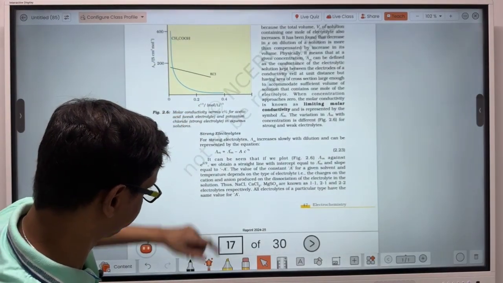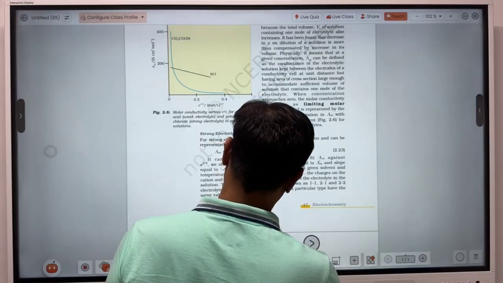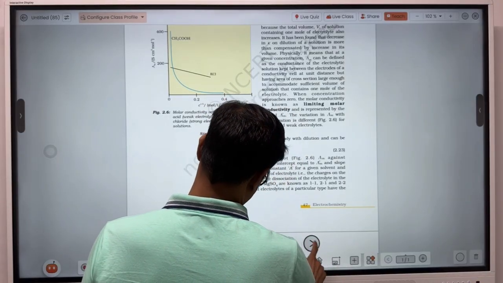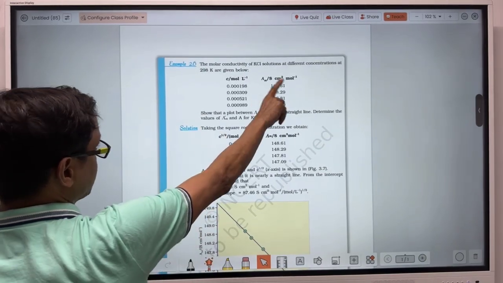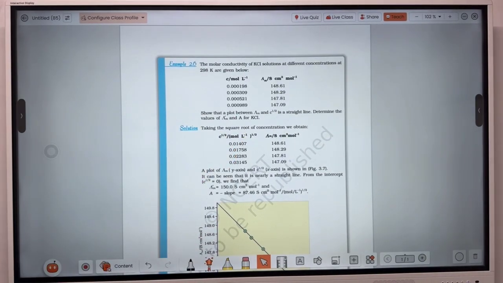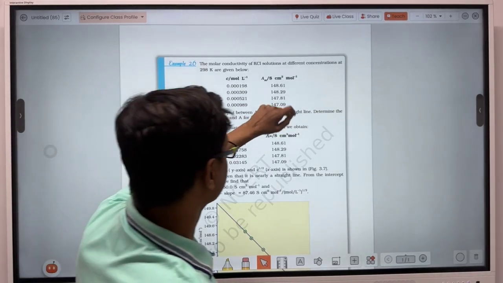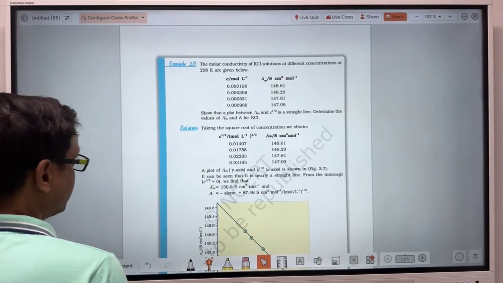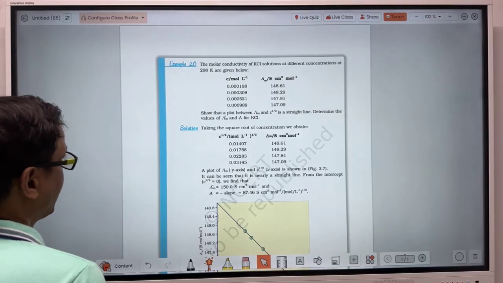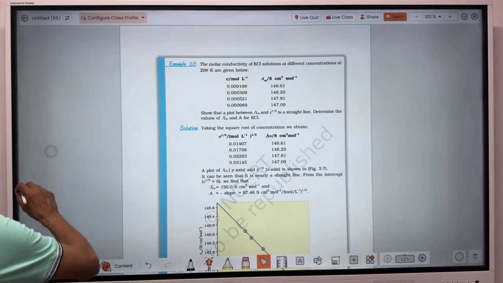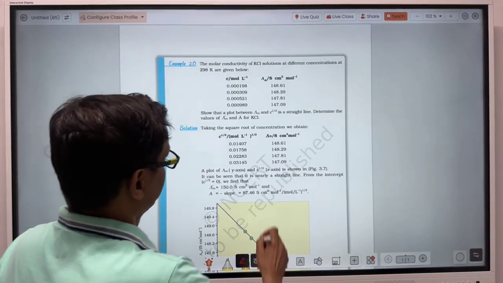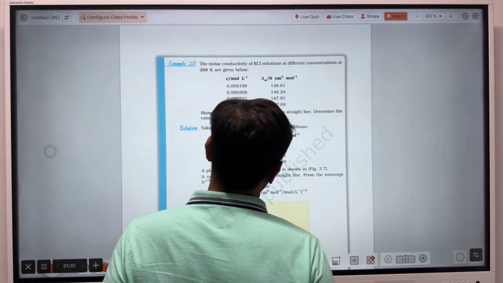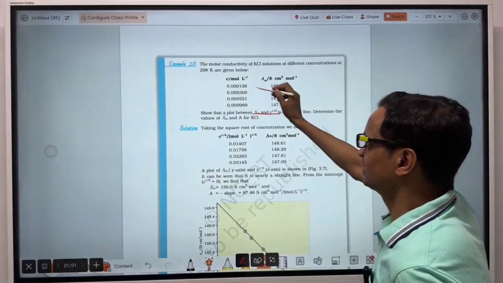Now let's see this question. The molar conductivity of KCl solution at different concentrations is given. Concentration and molar conductivity have been given, and you will have to plot the graph of lambda m and root under C. What's the problem here?